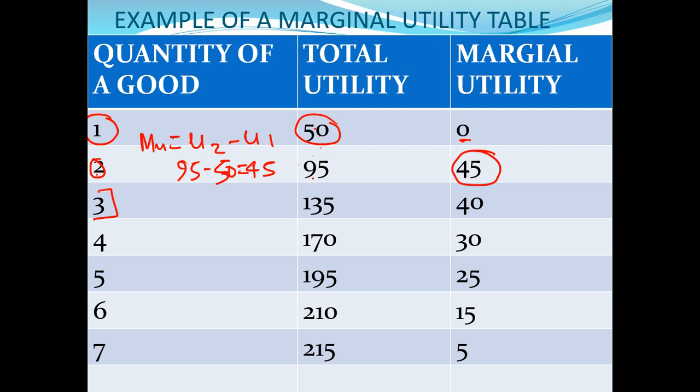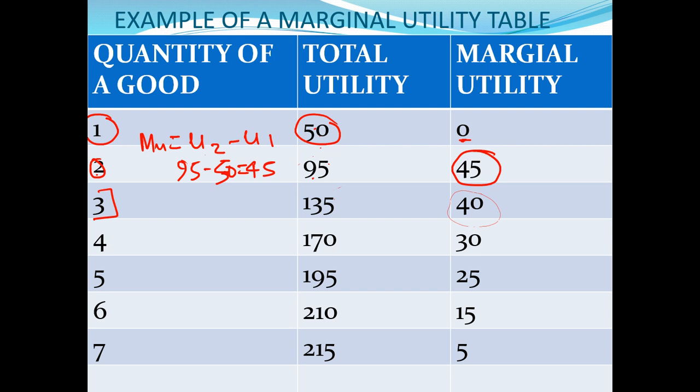So as usual, we get the difference, 135 minus 95. This is giving us the marginal of 40, meaning that this third unit that you've consumed has added 40 utils to total utility.